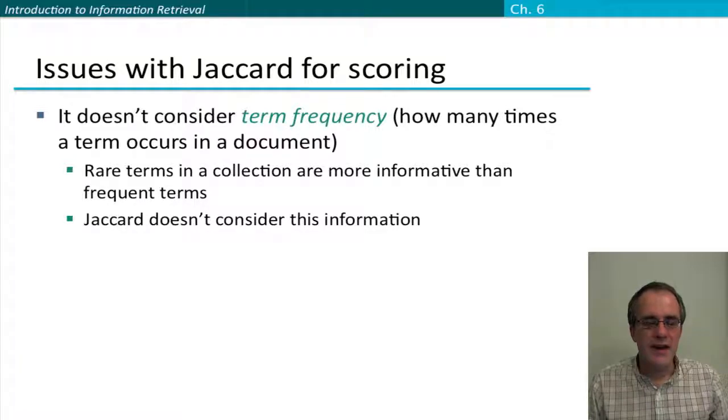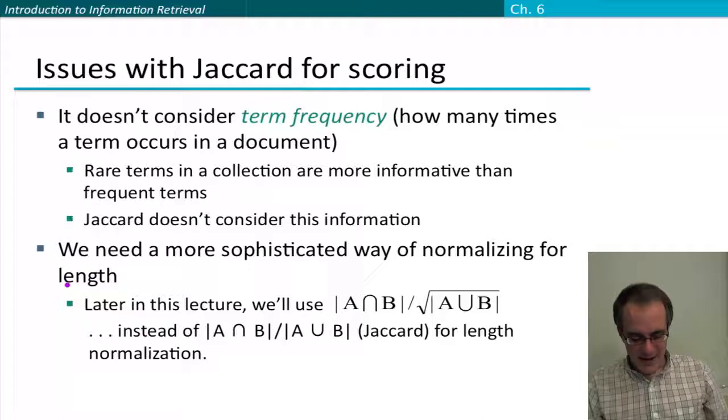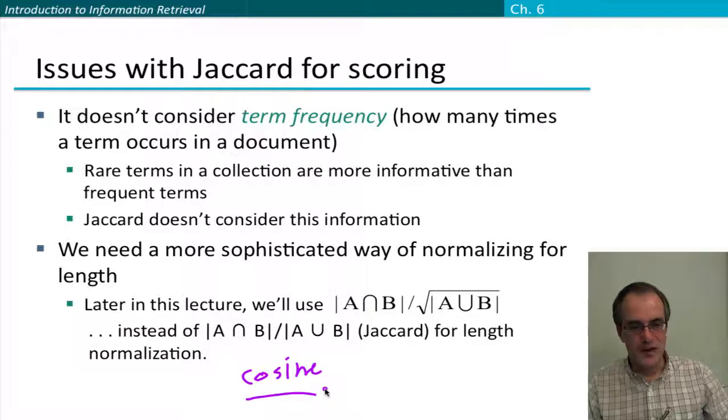There's one other aspect in which the Jaccard coefficient turns out not to work very well, and that is the way in which it does normalization by dividing through by the union isn't necessarily quite right. Later on in these segments we'll introduce the idea of using cosine similarity, and we'll go through the math of that for the more general case.